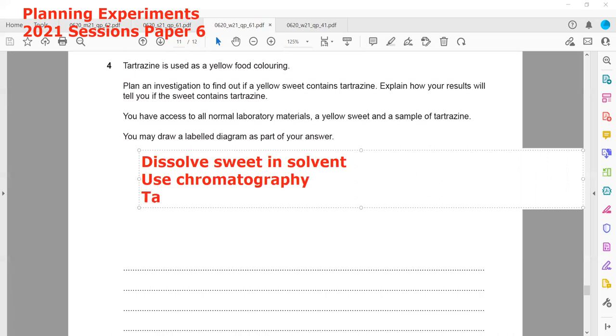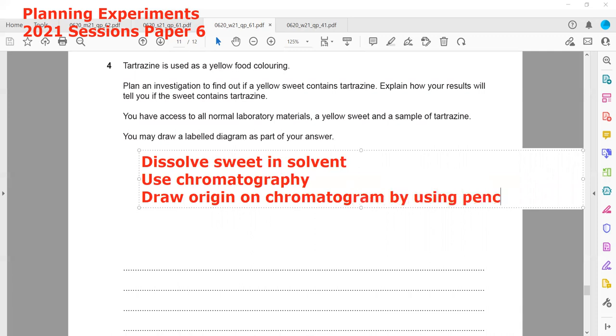Then we will draw the origin on the chromatogram by using a pencil.